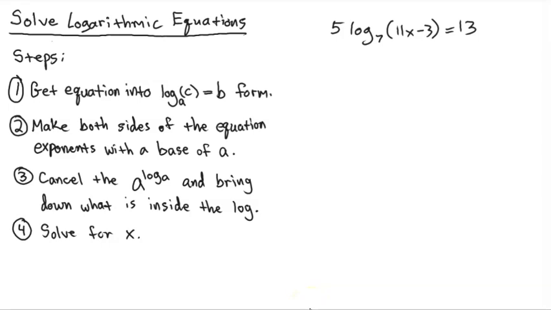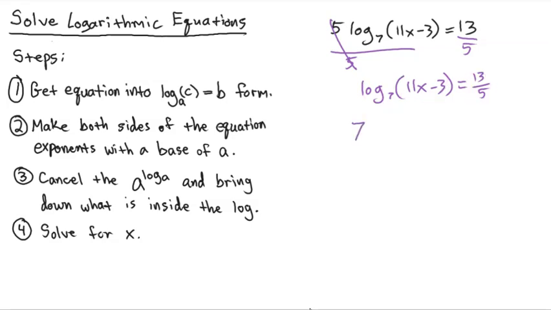All right, let's try this one. Again, we have something on the front of the logarithm, so we got to get rid of that. We're going to divide by 5, cancel, divide by 5. We have log base 7 of 11x minus 3 equals 13 over 5. Now we're going to take the base of 7 and we're going to make each of these an exponent.